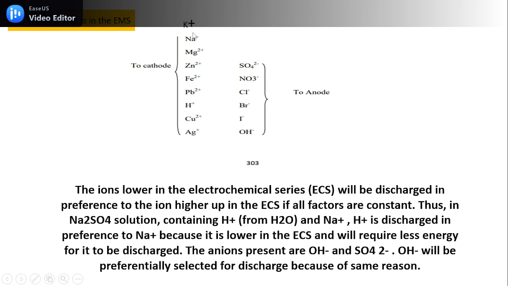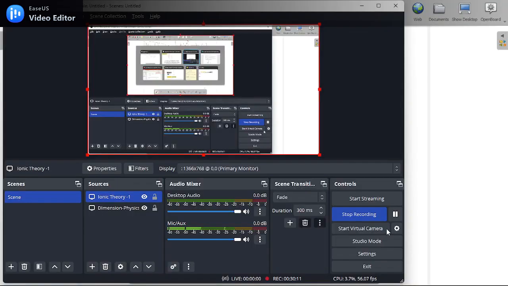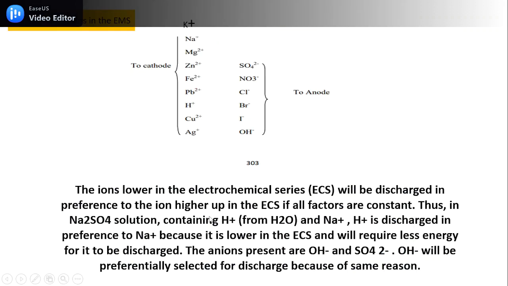It starts with potassium. These ones are positively charged and negatively charged, the cations and the anions. You have potassium ion here, sodium ion, magnesium ion, zinc ion, iron ion, lead ion, hydrogen ion, copper ion, and silver.